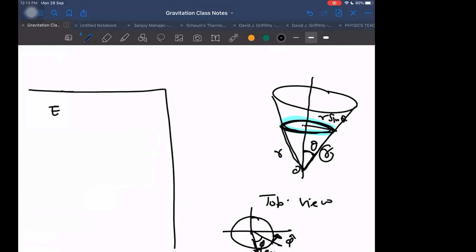I can write the integral of E dot ds is equal to dv. We know that. I can write this as E into ds.